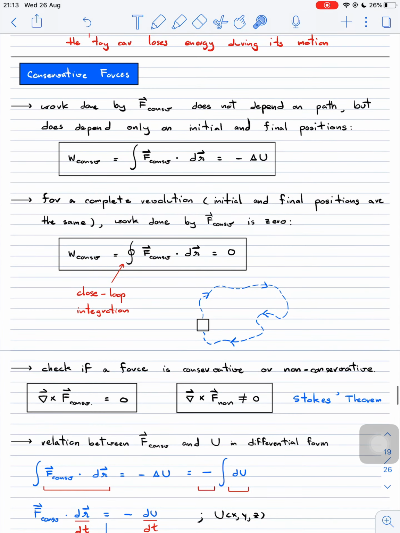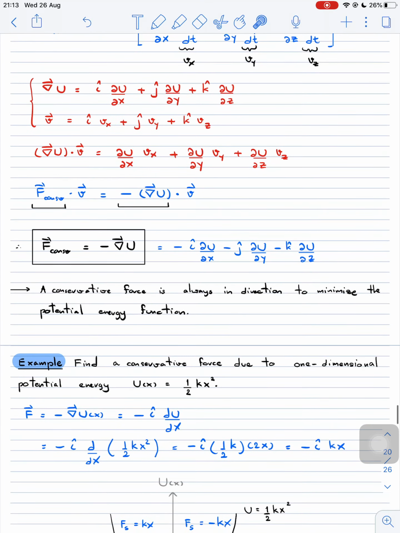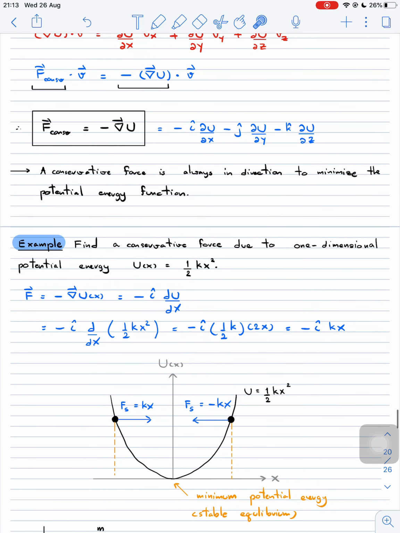You can use this equation, and just integrate F with respect to the infinitesimal displacement dr, or you can use this equation as well. Here I'm going to show you how to use this relationship to solve for the potential energy.